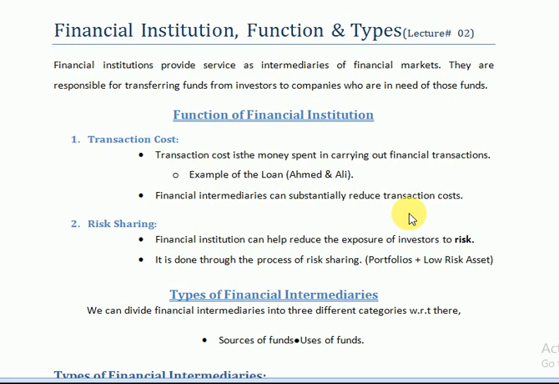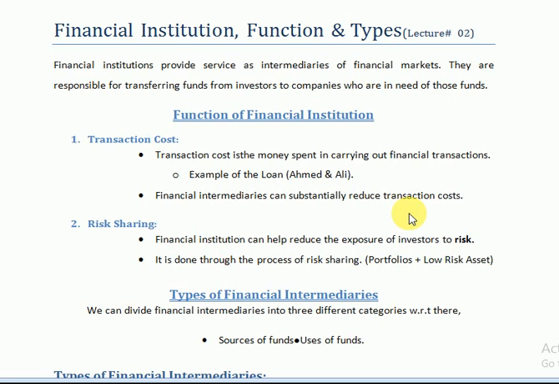So financial institutions are those institutions or firms or businesses that provide services as an intermediary in the financial markets, and they can transfer the funds from investors to companies who need these funds.